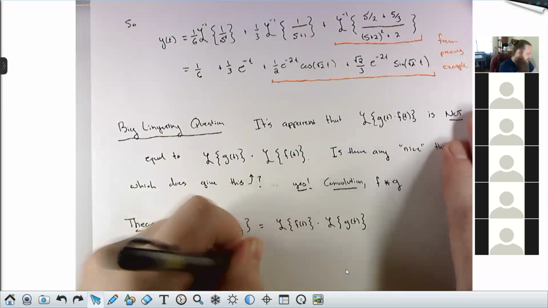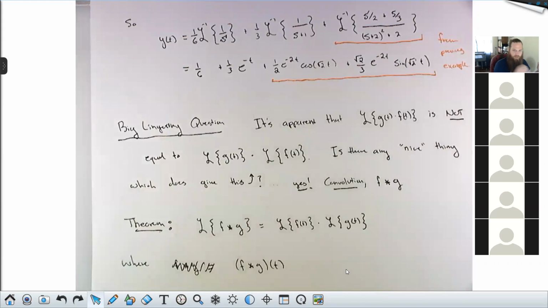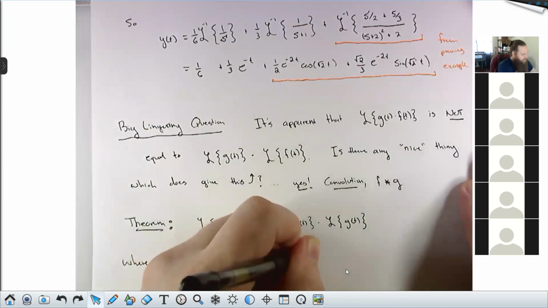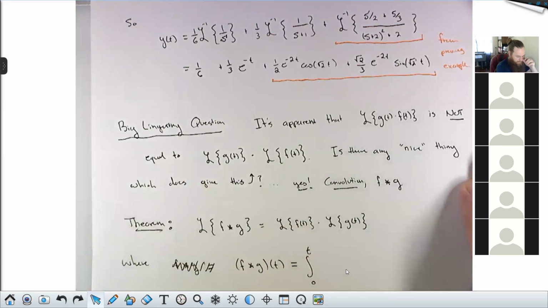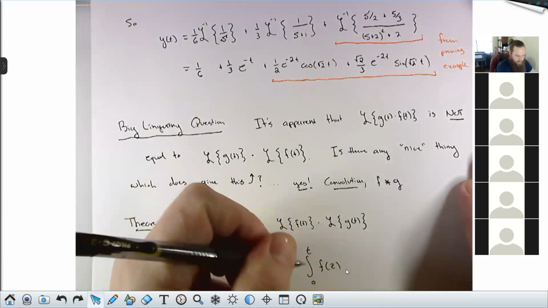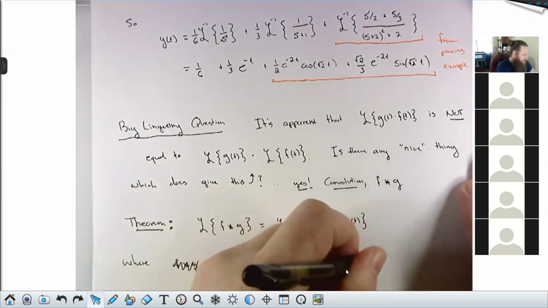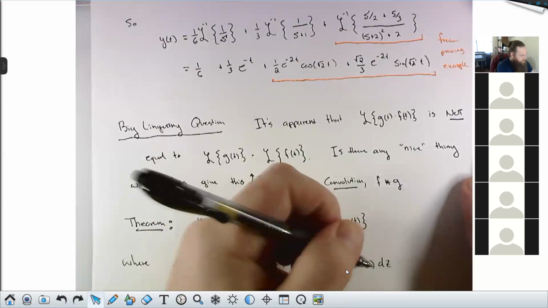So (f star g)(t) is something you're going to take the Laplace transform of, so it should be a function of t, is equal to the integral from 0 to t of f(z) times g(t minus z) dz.